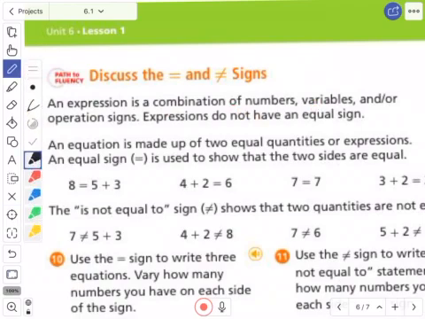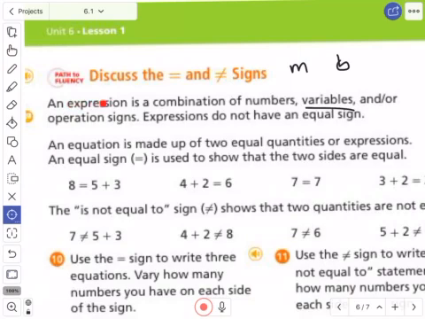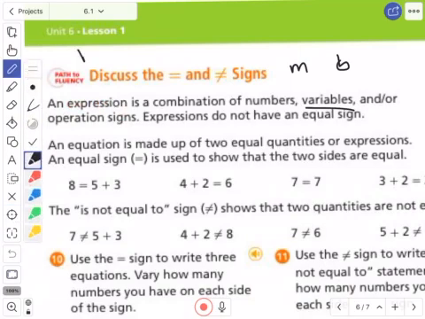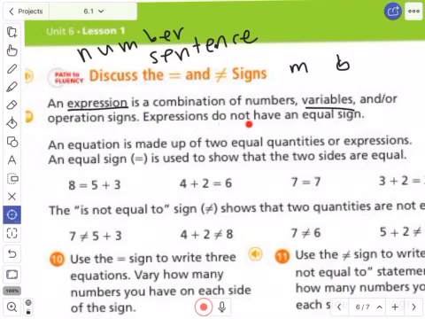Variable, that's like M or B instead of a number. Another way to say expression really is number sentence. The only thing with an expression is they do not have an equal sign. That's really the only difference. They're never going to show a total or an answer of any kind.